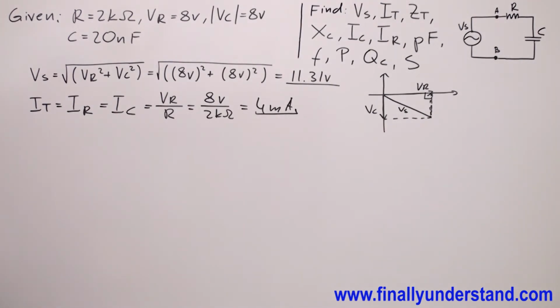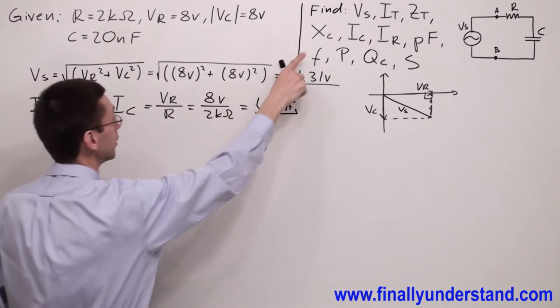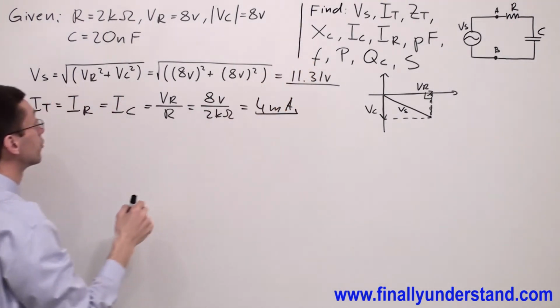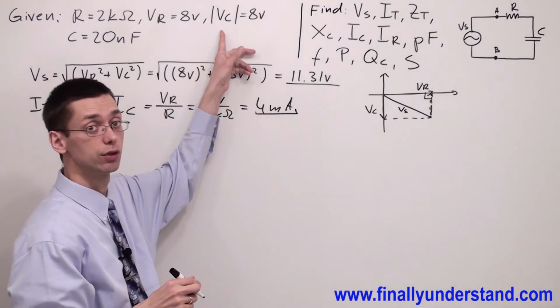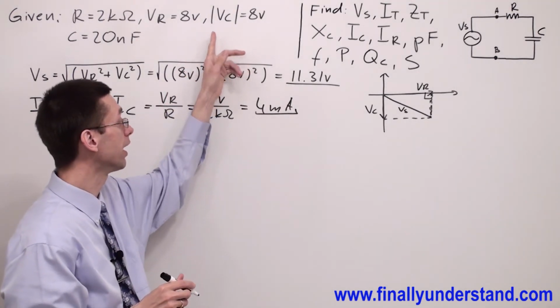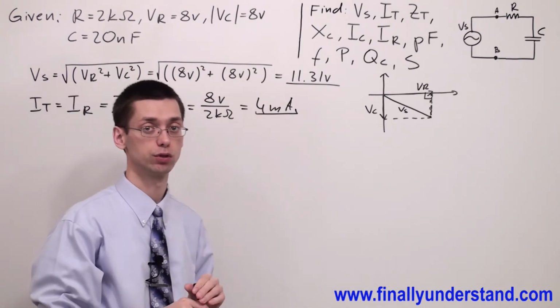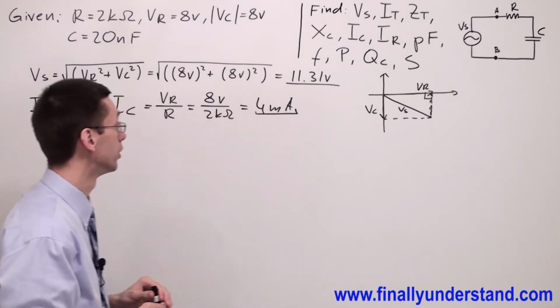Next, we're supposed to find the capacitive reactance, X of C. Why X of C? Because we know the voltage across the capacitor and we know the current which goes through the capacitor.